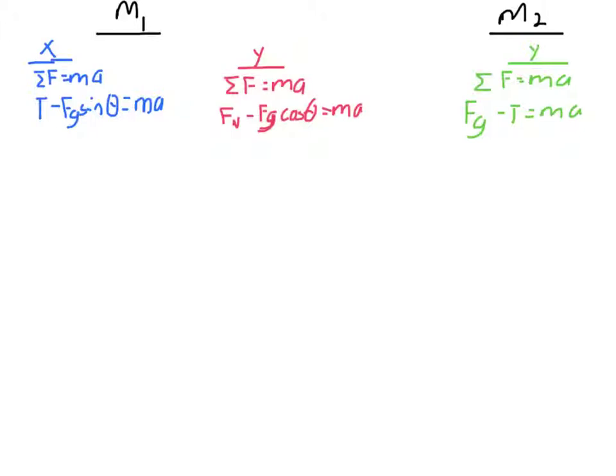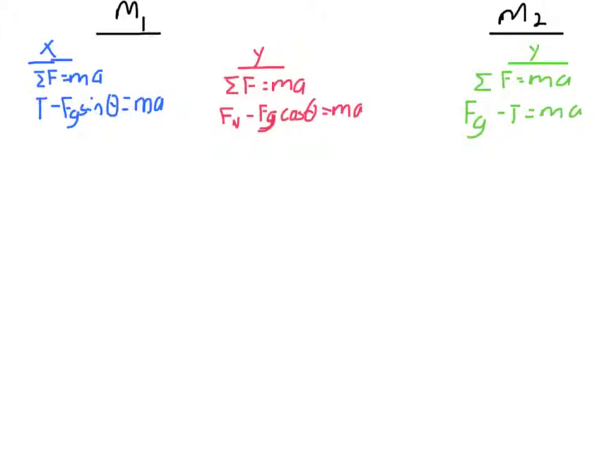The y-axis for object 1, normal force going up minus the component of gravity going into the ramp, Fg cosine theta equals ma. And then here in the y-axis of my other object, because I only had a y-axis, because of the system positive, system negative, down was positive, how I chose it there. So it's Fg positive minus tension equals ma.